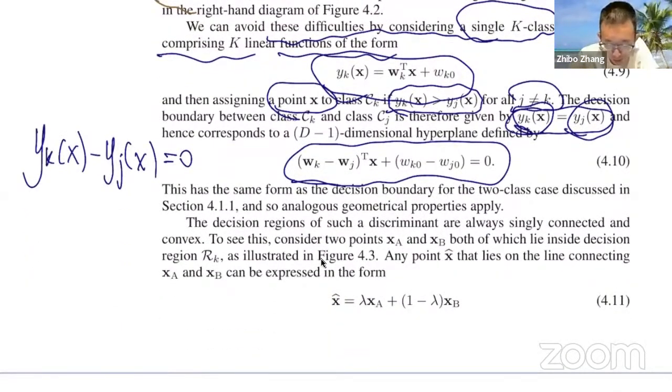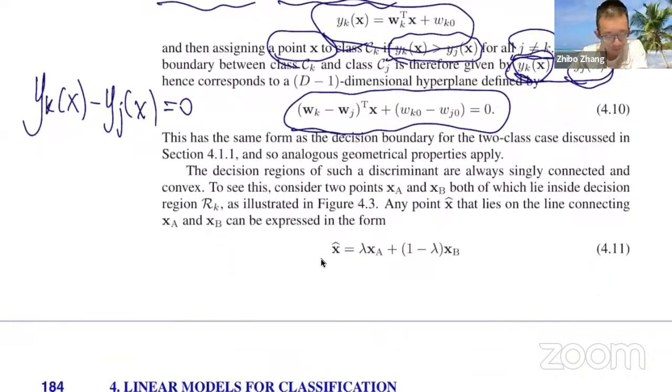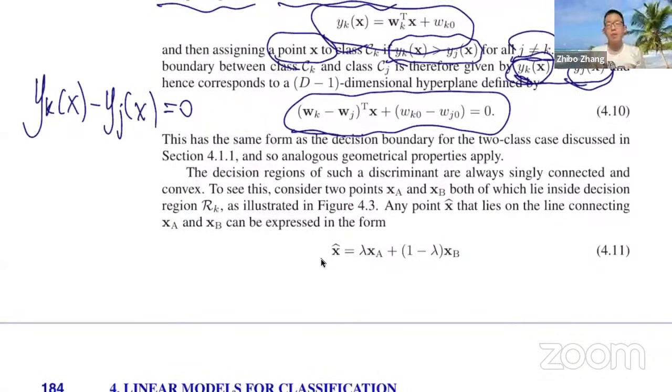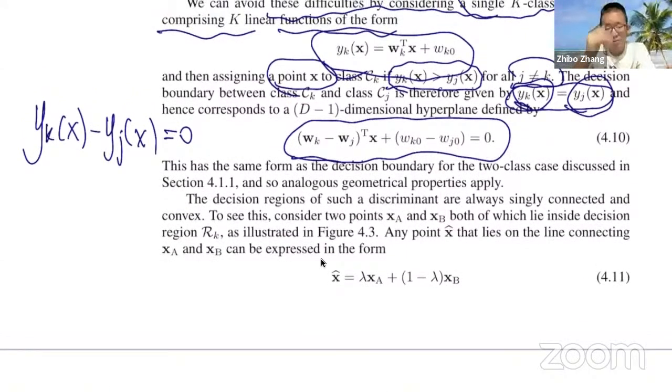This has the same form as the decision boundary for the two-class case discussed in section 4.1.1, so analogous geometrical properties apply. If we just focus on two classes, the rest don't really matter, and it's a binary classifier again. The decision regions of such a discriminant are always singly connected and convex.